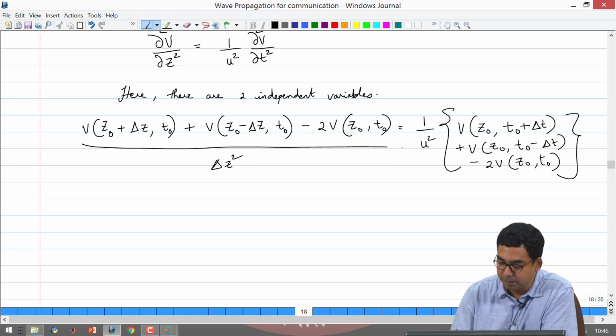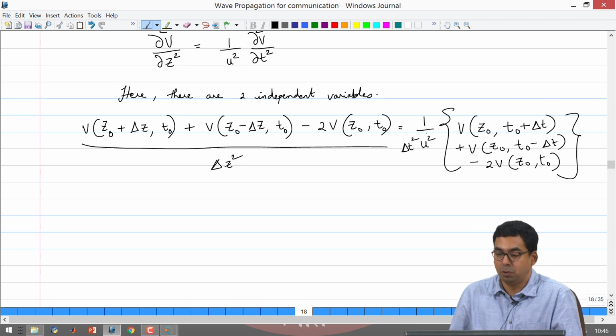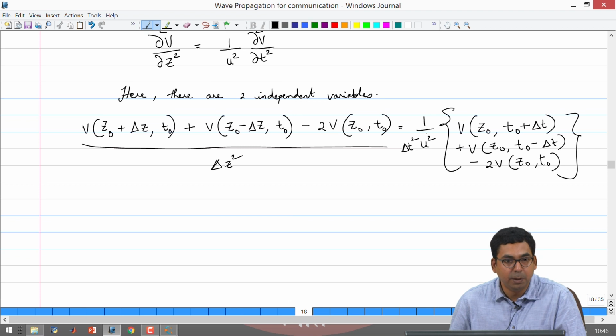So, I am just going to pull this denominator here and then write this down as 1 by delta t square u square, the expression on the right side. This is how I would approach the wave equation.